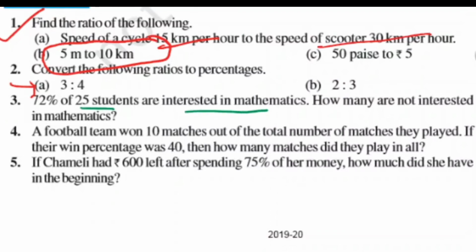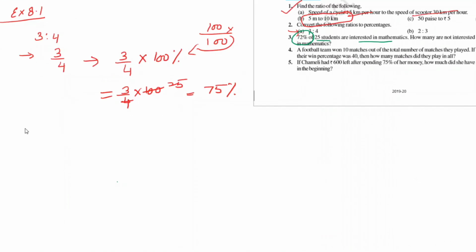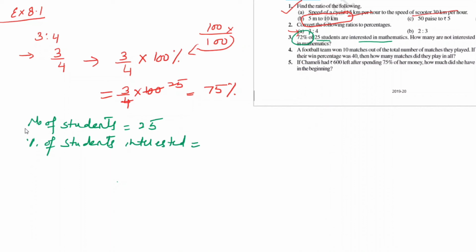So here, 72% is the percentage of students interested in maths, and 25 is the total. So the number of students is 25. And the percentage of students interested in maths is 72%.